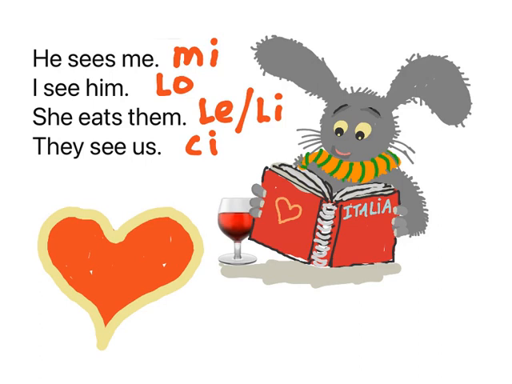So the most important thing is you learned the direct object pronouns by heart and you immediately can come up with me when you see that is a direct object in English. You can say lo immediately because you know that him is the third person singular pronoun. She eats them. You see that here you have two possibilities because it is ambiguous in Italian whether them is masculine or feminine, could be both. And finally, they see us, you see immediately that it's she. Okay?